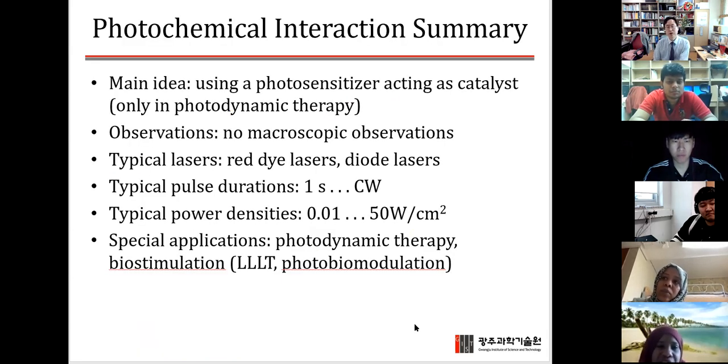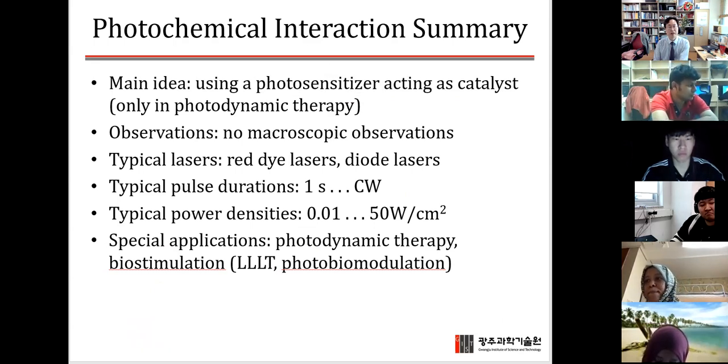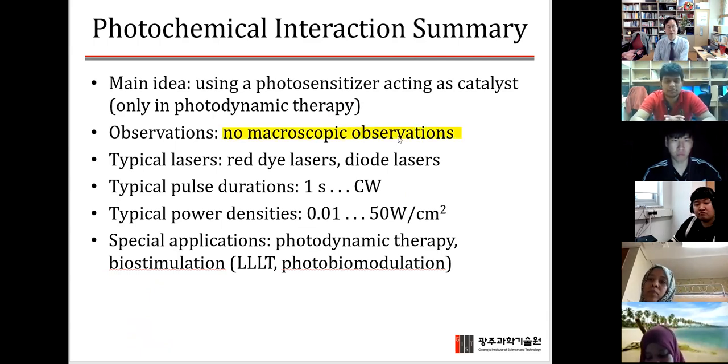So, summary for the photochemical interaction: the main idea is using a photosensitizer as a catalyst for photodynamic therapy, and no macroscopic observations, which means no major side effects.